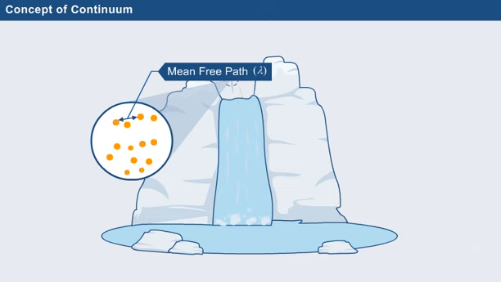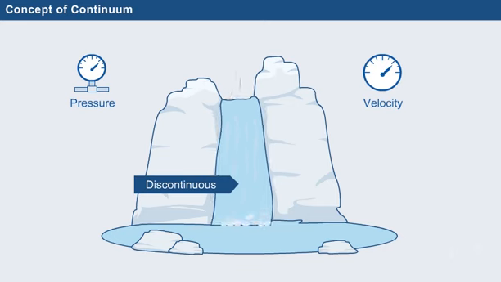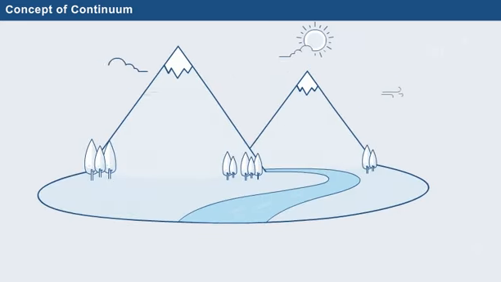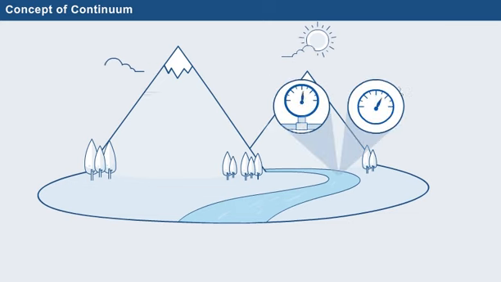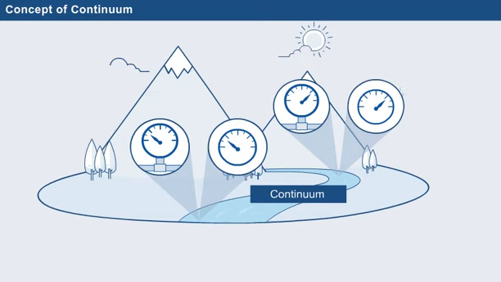Thus, under such considerations, the liquid is discontinuous. Whereas, in the macroscopic observation, the flow variables such as pressure, velocity, etc. are taken to be continuous. Its properties vary continuously from one point to the other. This state is said to be a continuum.